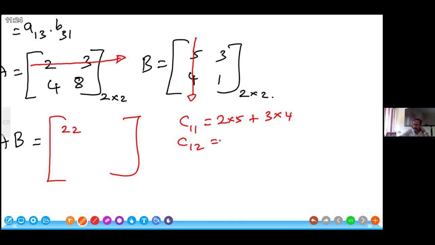C12 is 2 into 3, first row and second column of the second matrix, plus 3 into 1. So that is equal to 9. Okay. Right. Fill the rest.